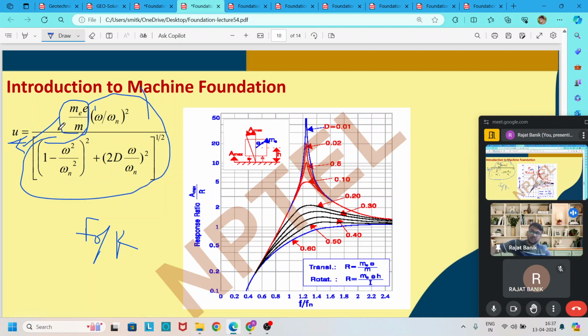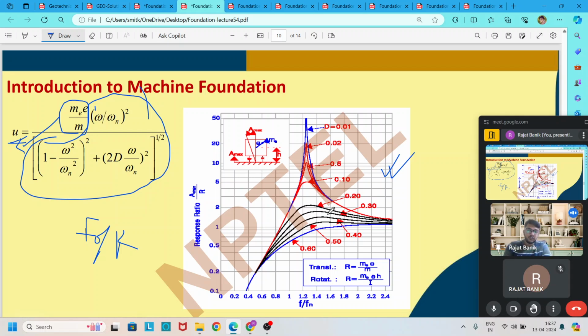If you plot this magnification factor versus frequency ratio, we get this type of graph for the rotating mass system. It is a little bit opposite to the constant force system, where the factor starts at 1 at a lower frequency ratio.